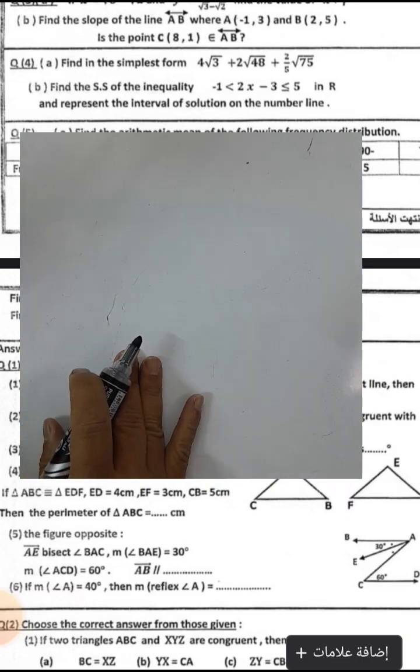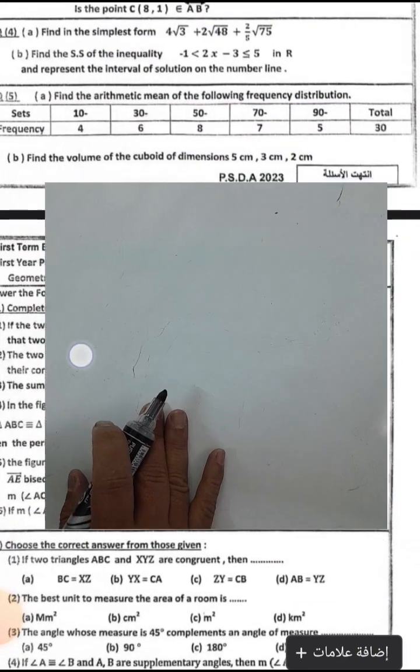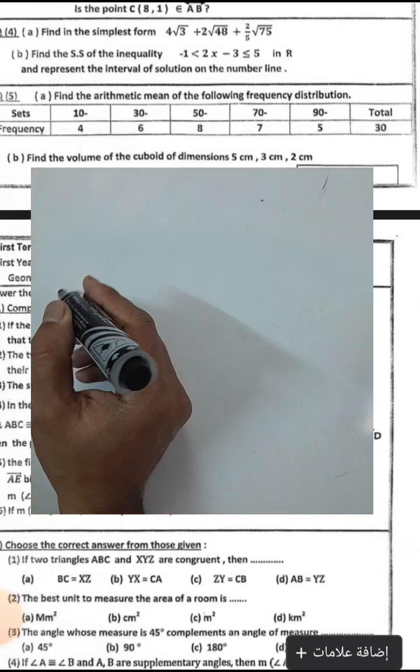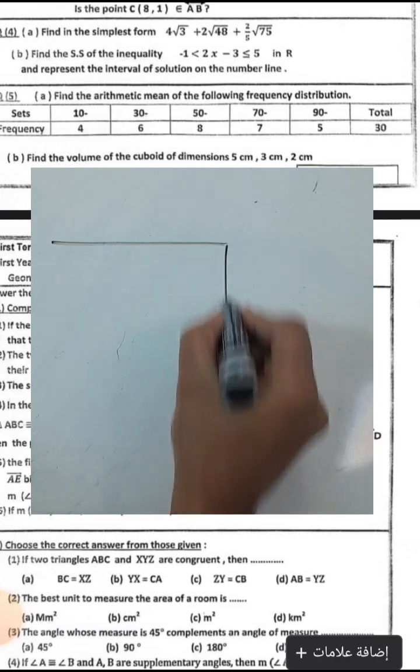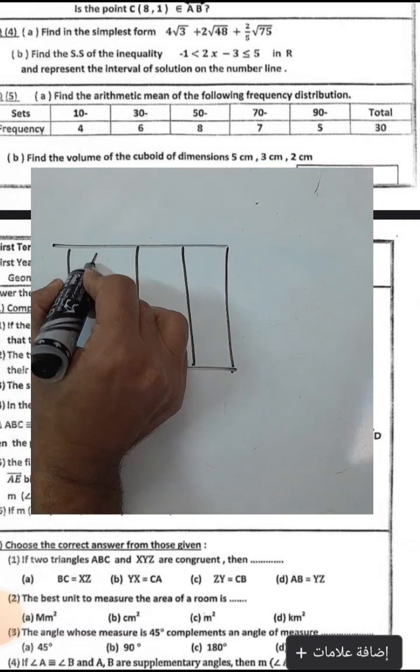Next question, find the arithmetic mean of the following frequency distribution. Okay, we can make a table here. There are columns here for x and k.